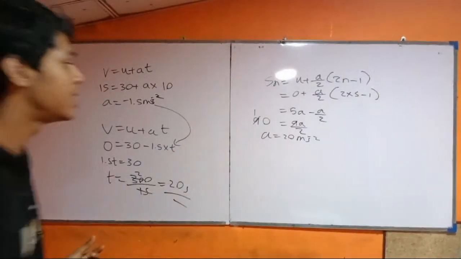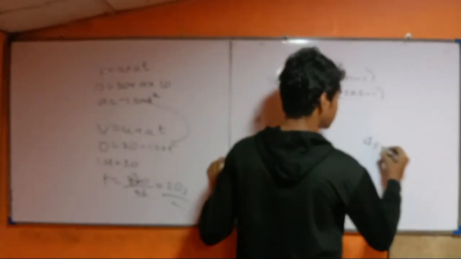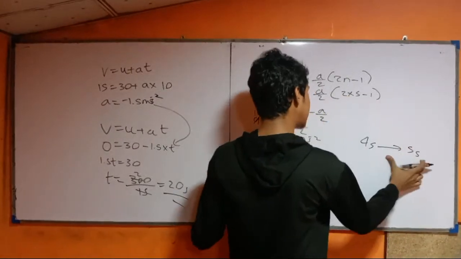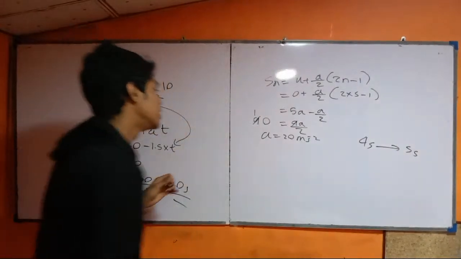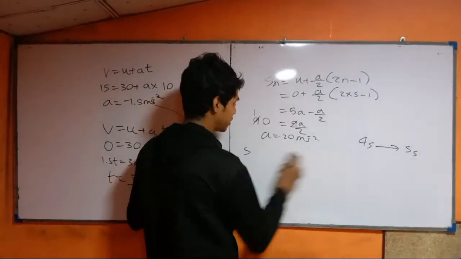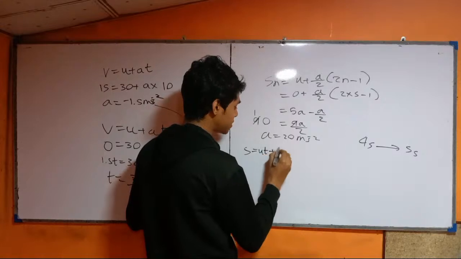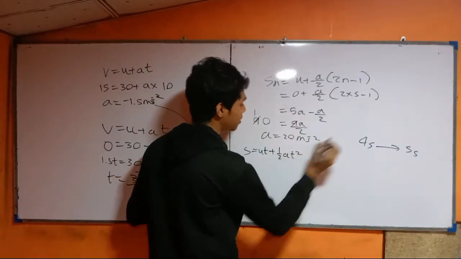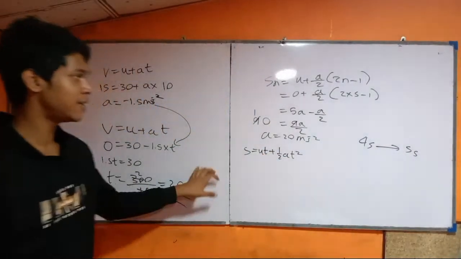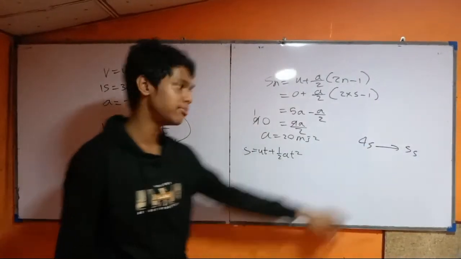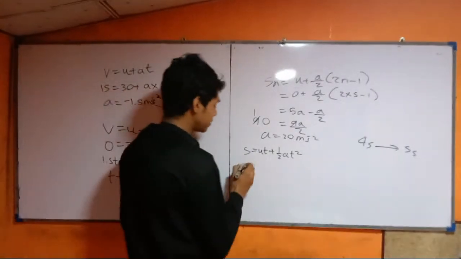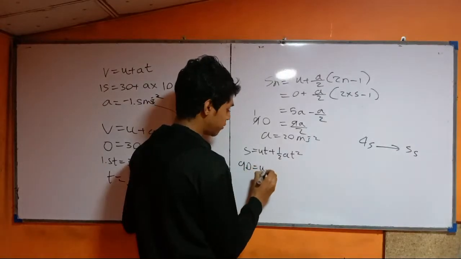Within that 1 second, I mean the 4 seconds to 5 seconds time period, you can apply S equal ut plus half at squared. So you should find the initial velocity now, within this 4 second to 5 second time period. So what is the distance? 90. Initial velocity we are finding.